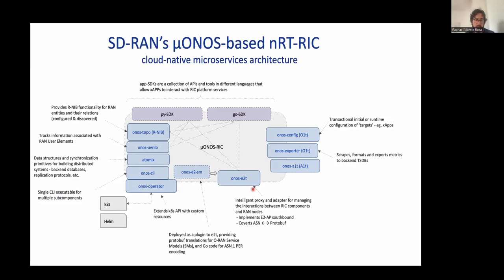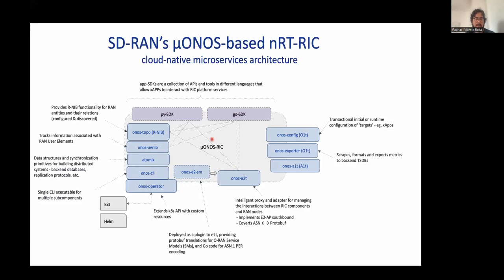Another important component of this architecture is the extended APIs provided by Kubernetes, which allow certain abstractions in the resource definitions of the Kubernetes API to be used to enhance the operations of the components internally.